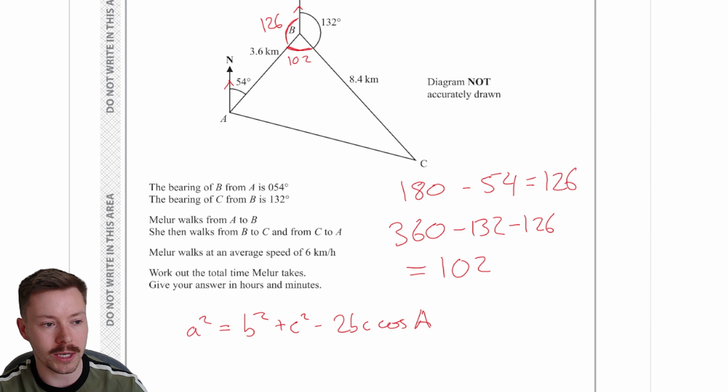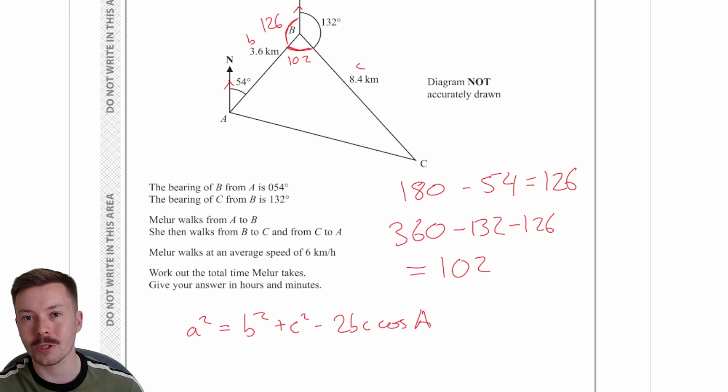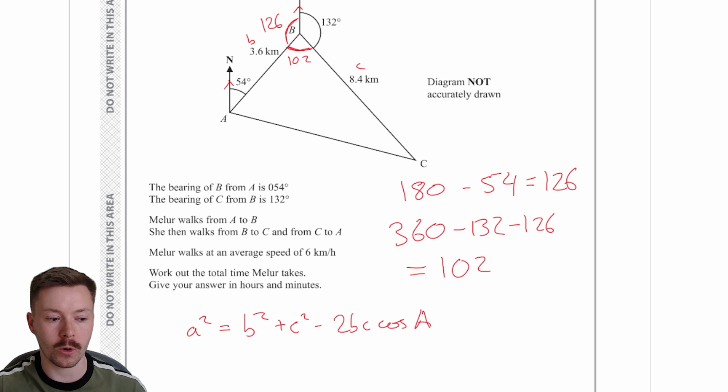Right, now B and C don't matter, so 3.6 could be B, 8.4 could be C. Doesn't matter if it's the other way around. The only one that is important is the A, that has to be opposite your angle.